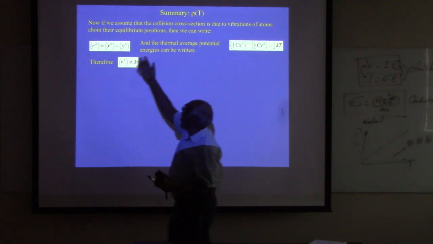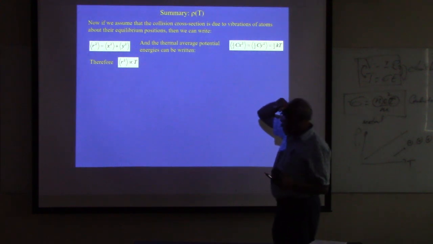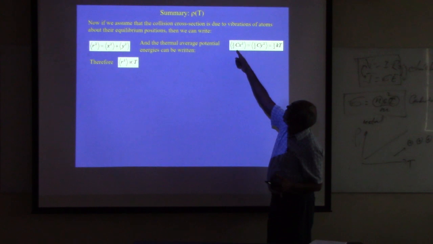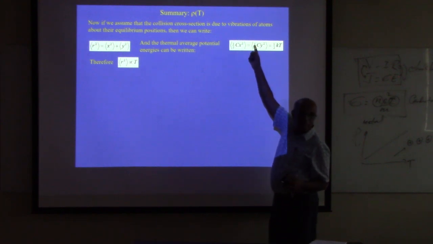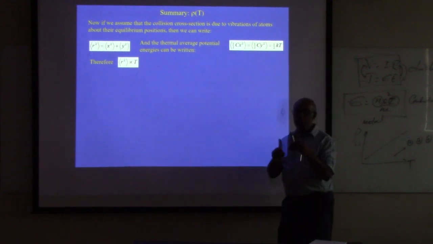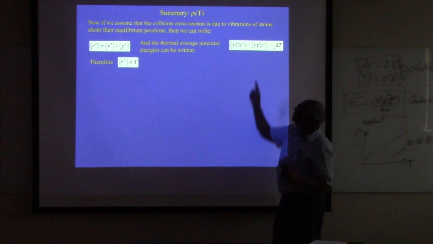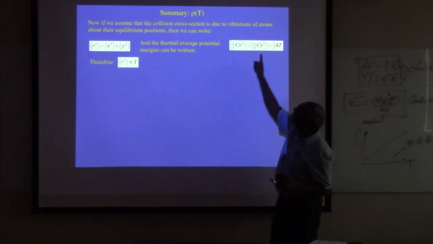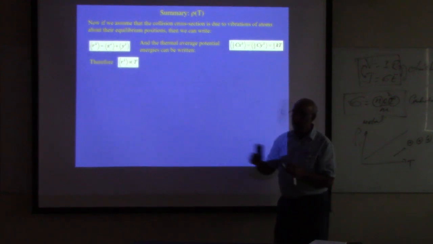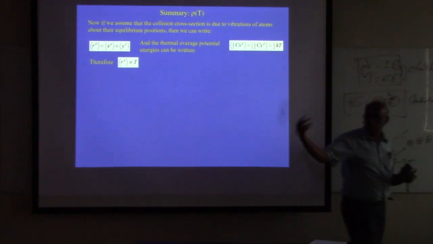If you look at the thermal energy, your potential energy is half k x squared, so that's proportional to temperature, right? If the temperature is higher, your cross-sectional area is higher. You can easily show that from this one. That means your resistivity is more.